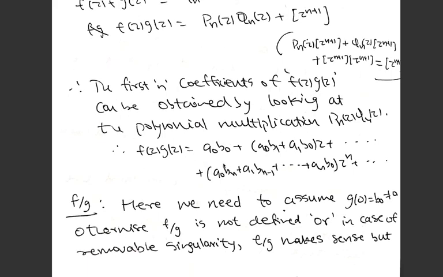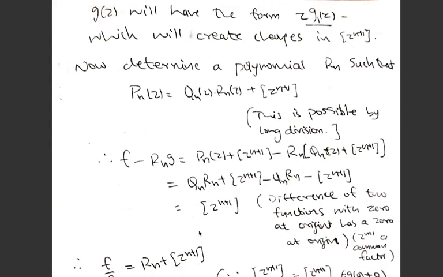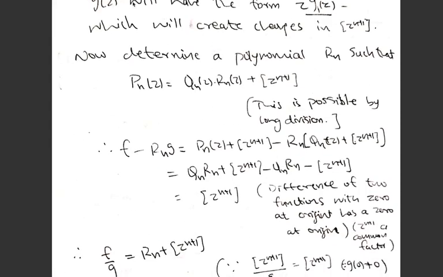Now what about f by g? Now only an illustration. So for f by g, you need to assume that g(0) equal to b_0 is non-zero, because of two reasons. Either f by g will not be defined if g(0) is 0. But if it's a removable singularity, f by g makes sense. But the problem is that g(z) will be of the form z times g_1(z) because g(0) is 0.